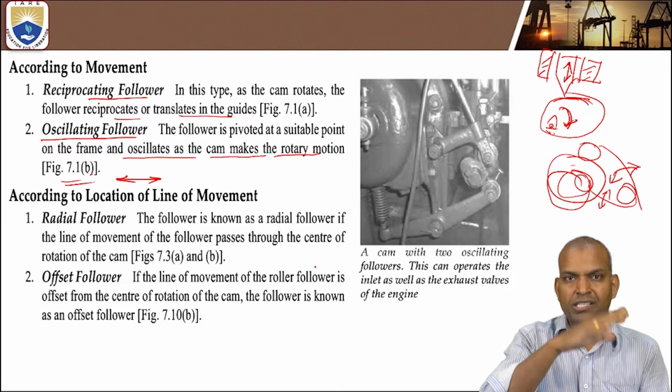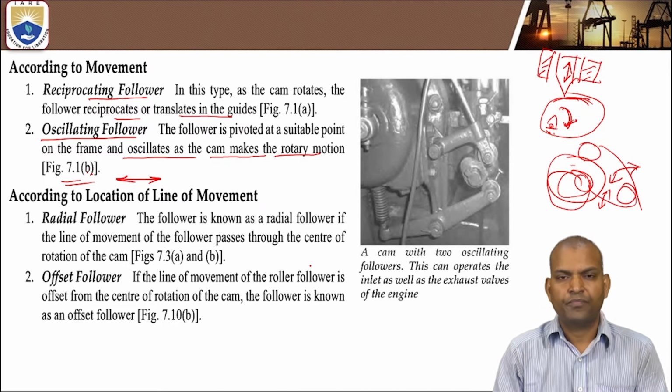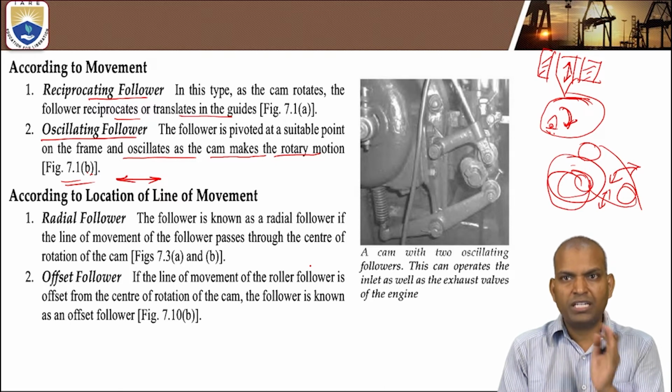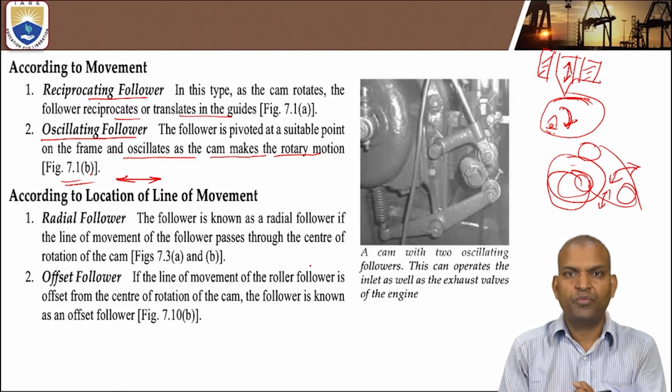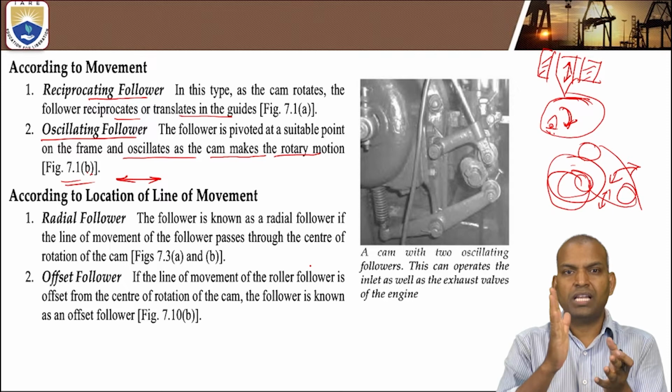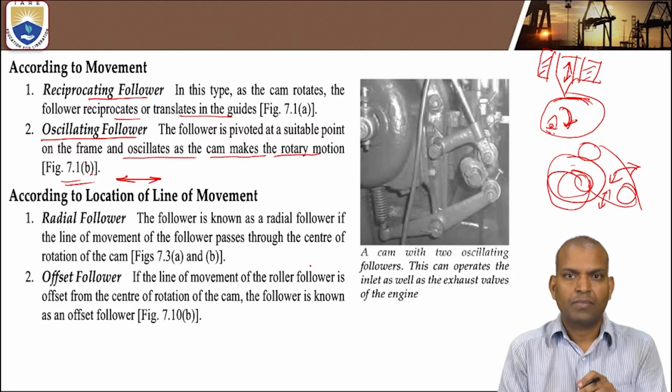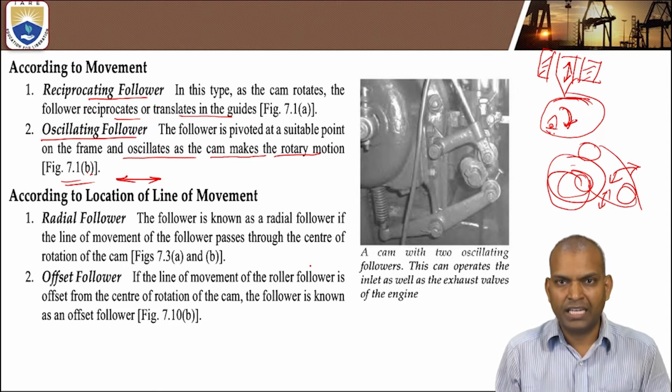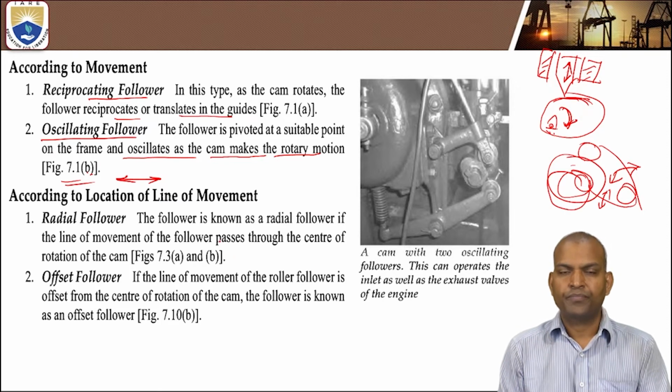That's why it is called an oscillating follower. We are talking about the oscillating follower. The follower is pivoted at a suitable point on the frame and oscillates as the cam makes the rotary motion. Now, the third category, very important.